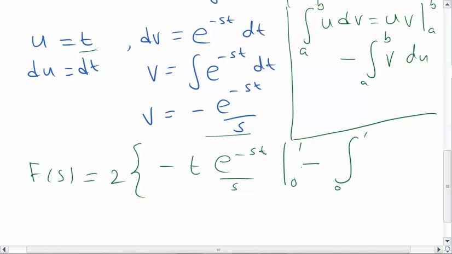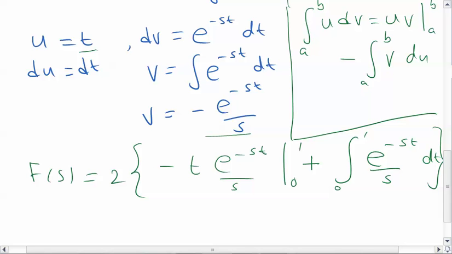V is negative, so it's going to be a positive here, e to the minus st over s dt. That integral we can do, it's just an exponential, so we know how to integrate exponentials. And let me put the brackets here.